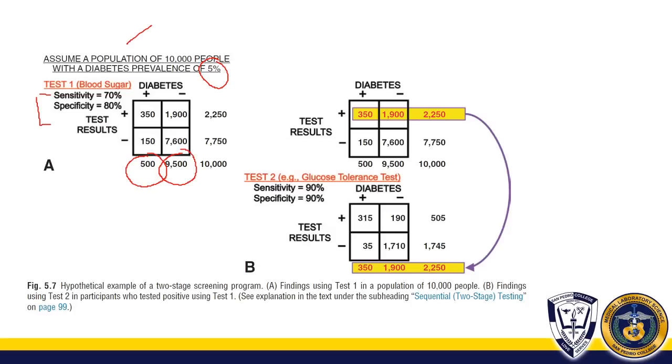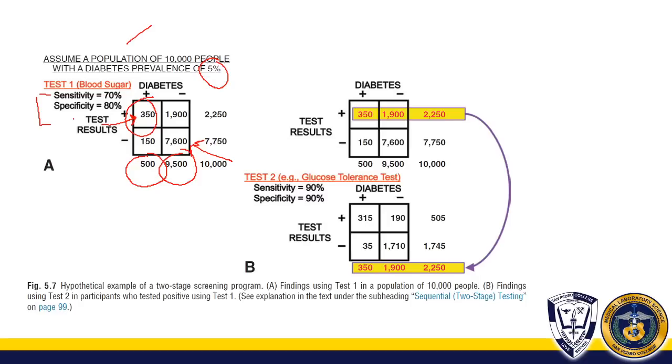Now, to compute for your true positive and true negative, just use your sensitivity and specificity na value. So, substitute lang mo ana. Then you would get these values, 350 who are your true positive and 7,600 for your true negative. Now, since naa naman tayo ani na numbers, unsa man ang atong buhaton sa inyong two-stage testing?